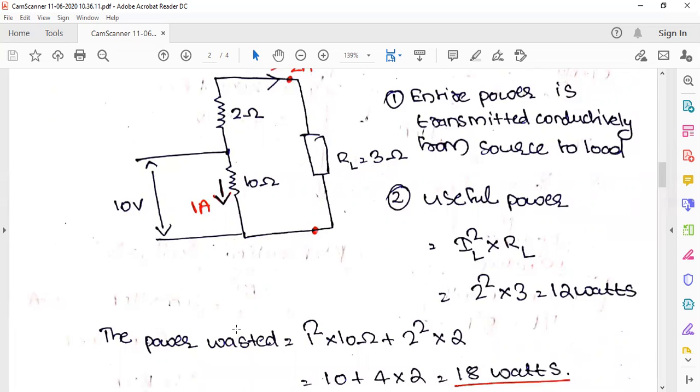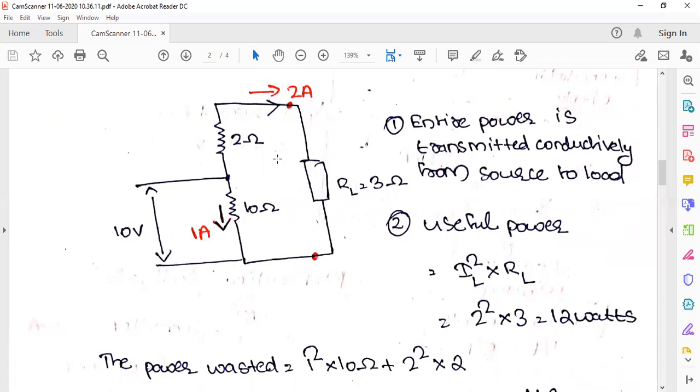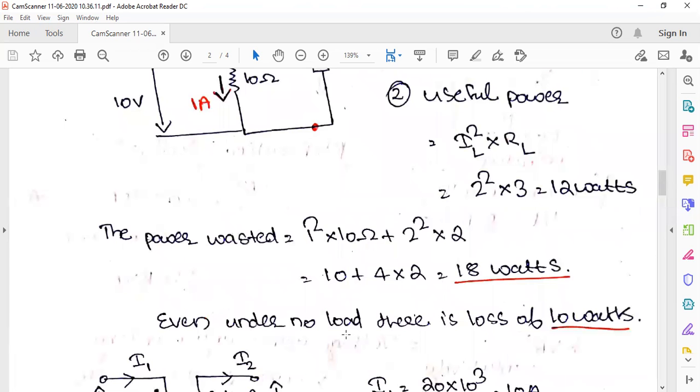The power wasted is 18 watt, and only 12 watt is useful. This is because of the dissipation effect happening there.